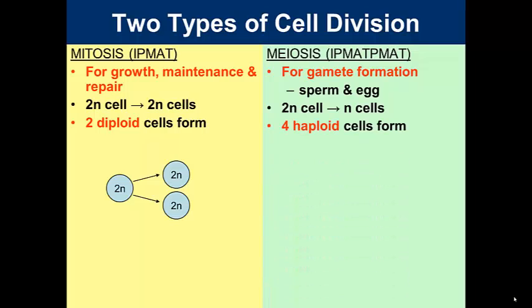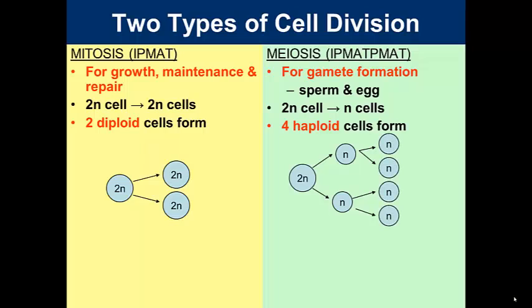And 4 haploid cells form in meiosis. One 2N cell produces 4 N cells. Remember that N is the complement of chromosomes.